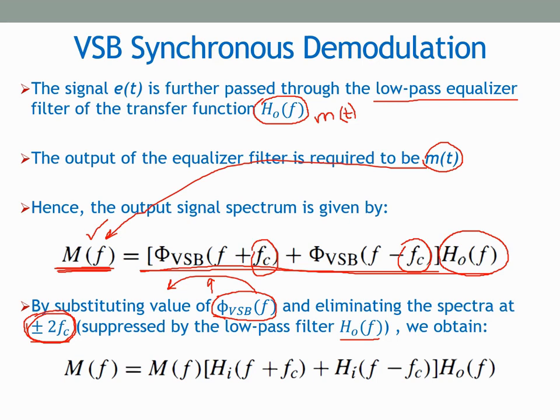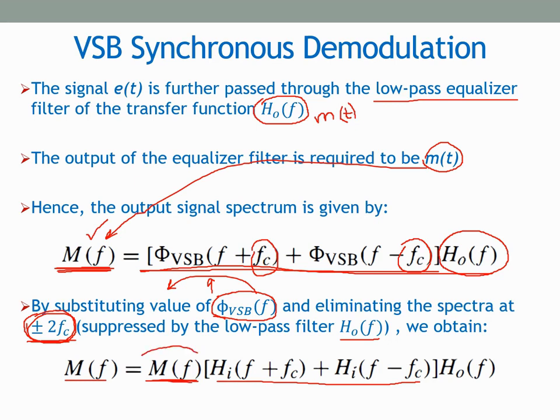The high frequencies are suppressed by the low pass filter, so at the output we are left with M(f). In this VSB signal we had the product of two terms, one was M(f) and one was Hi(f) at the transmitter side. The higher frequency component of M(f) would be rejected.